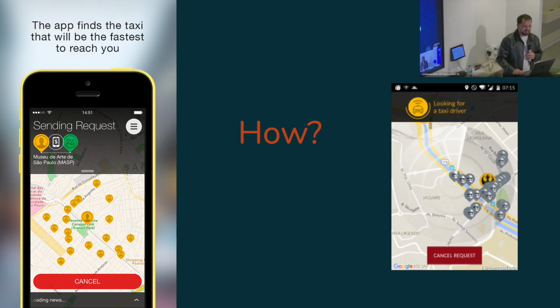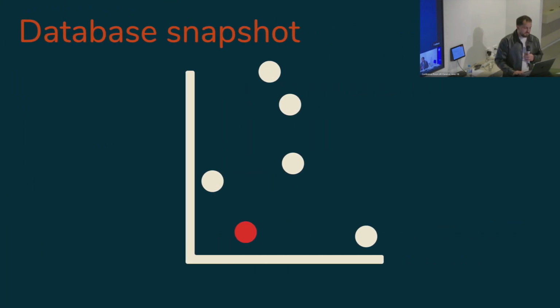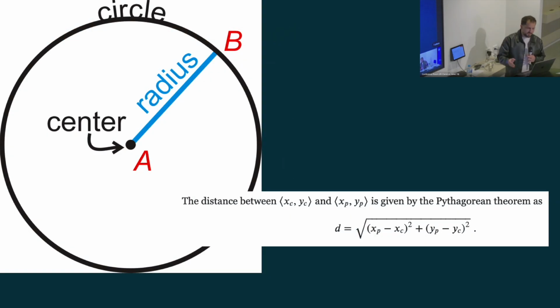But then how to do that? Your database situation now looks a bit different, right? You have all the drivers' positions, and then you have a special one, which is the passenger position. And then you want to search for which ones are closer to that red dot.